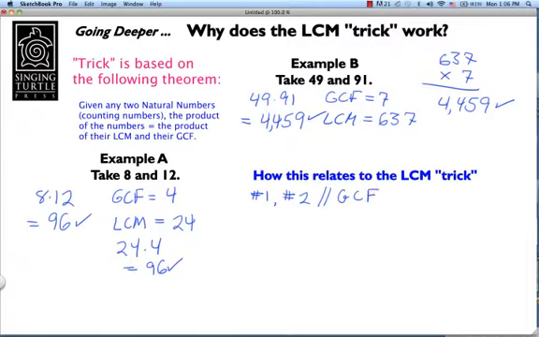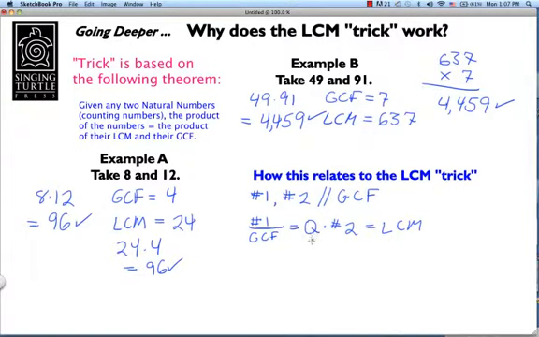Keep things real simple. You take one of those numbers, let's take number 1, and divide it by the GCF. Okay, and you get a quotient, and you just call that Q for quotient. Then you take that quotient and you multiply it by the other number, you'll recall, and what you get is the LCM. That's how the trick works. Now let's analyze this a little bit. The quotient, as you can see right here, is just number 1 divided by the GCF.